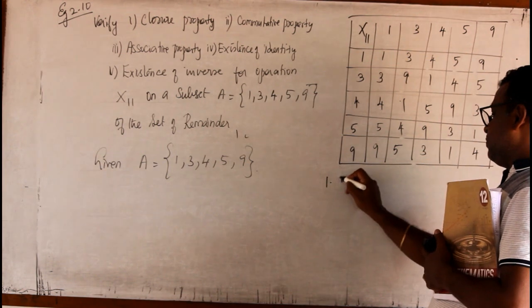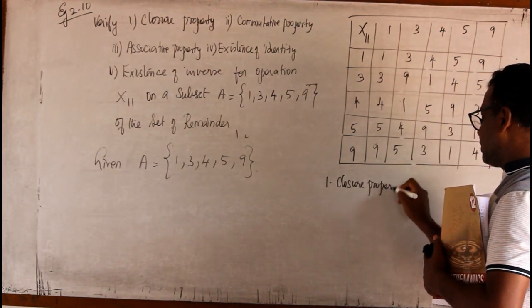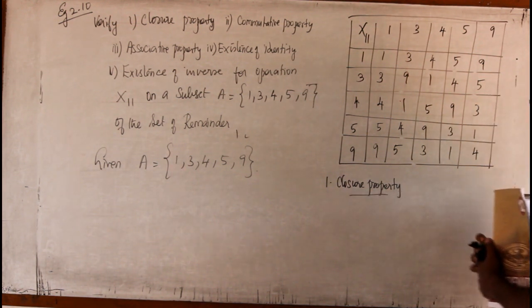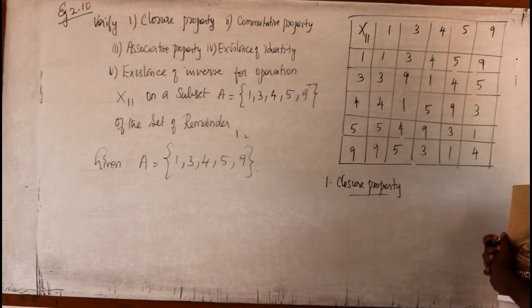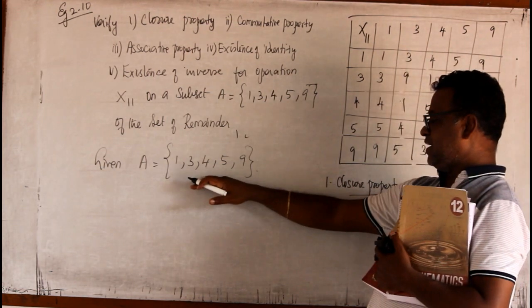Now we can write all these properties. Closure property. Now listen here. I am getting the answers 1, 3, 4, 5, 9 in all the operations. See, 1, 3, 4, 5, 9 only I am getting.